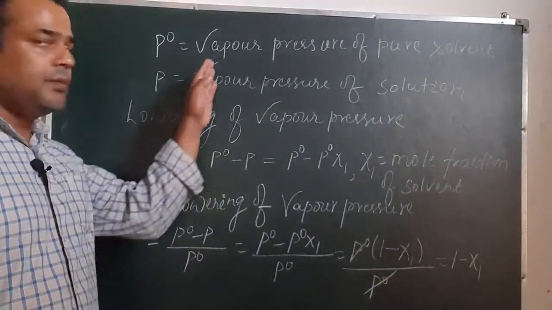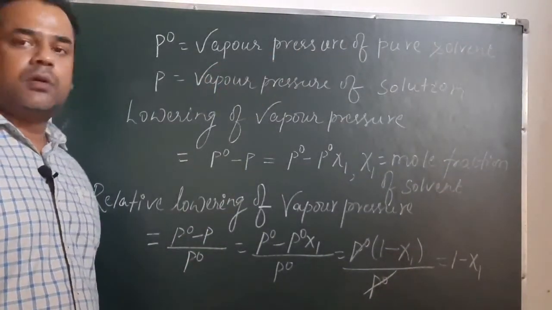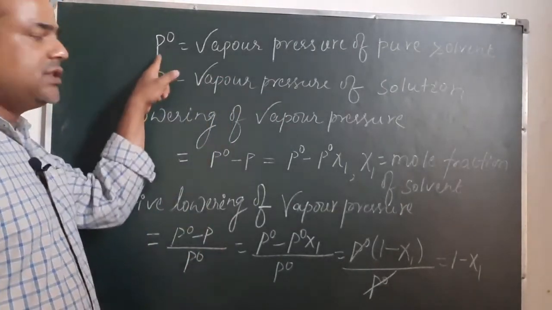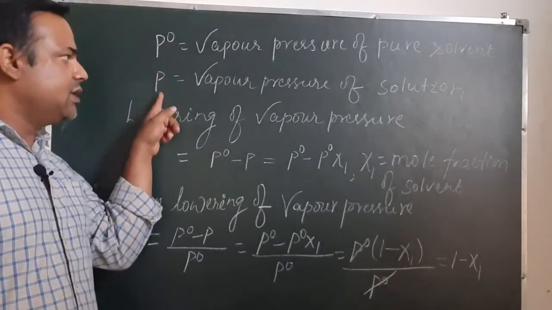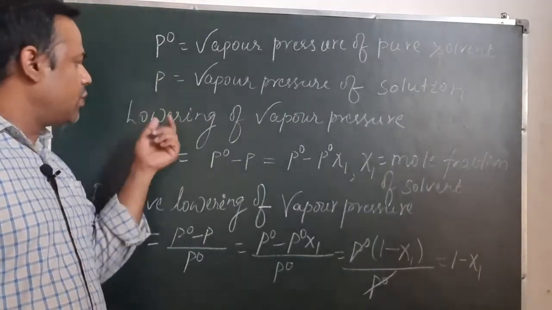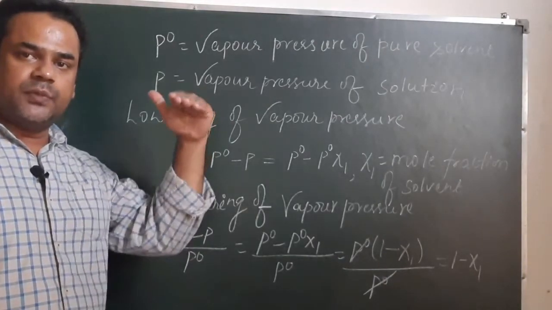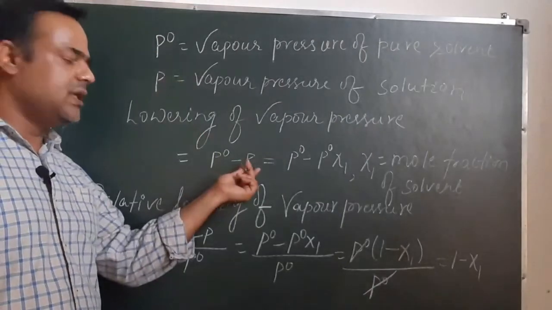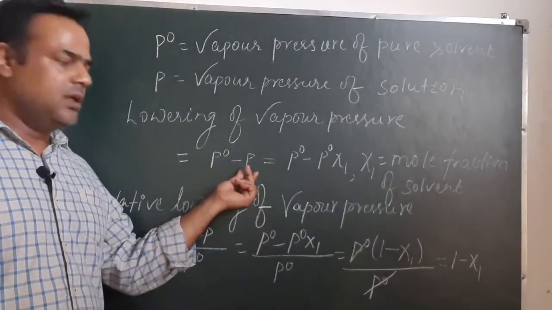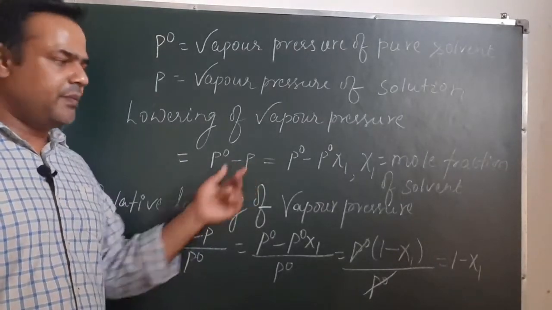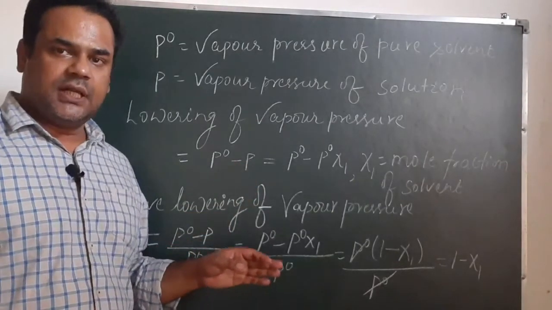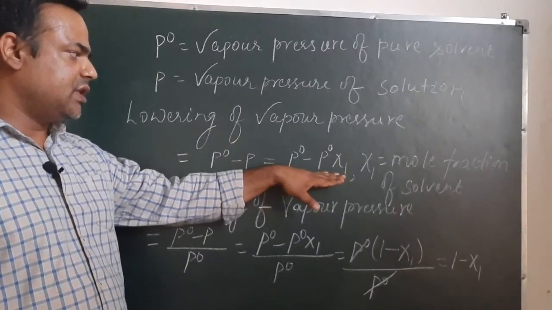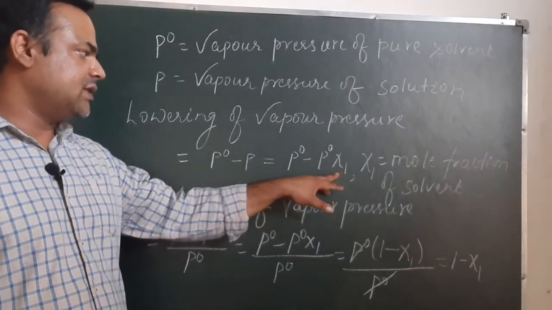So let's suppose P naught equals the vapor pressure of pure solvent, and P is the vapor pressure of solution. The lowering of vapor pressure, meaning how much vapor pressure is lowered, will be the pure state minus the solution state, P naught minus P. In Raoult's law we have studied that the vapor pressure of any component is given as its vapor pressure in pure state multiplied by mole fraction.